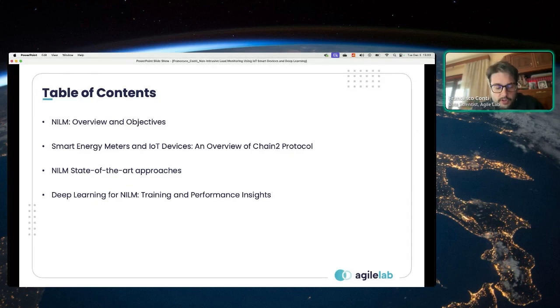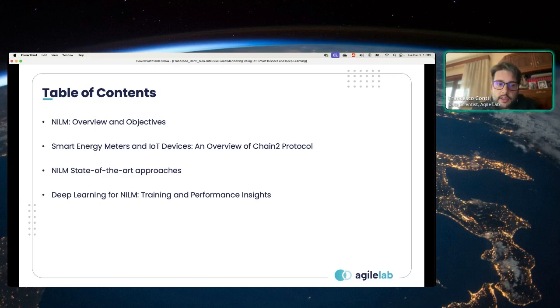In few words, these techniques focus on understanding how much energy is consumed by each appliance in a house. And I want to give you more details about that and about also benefits of NILM.